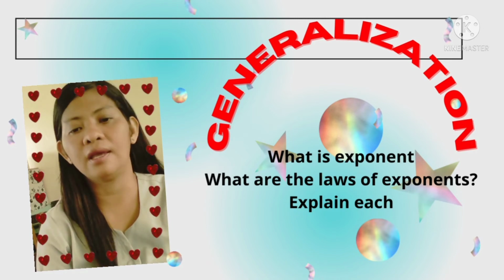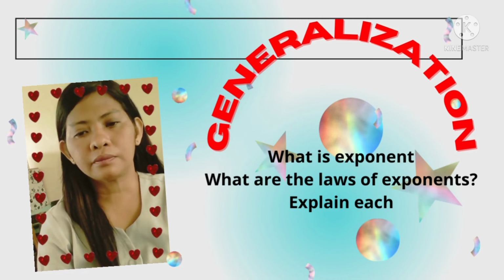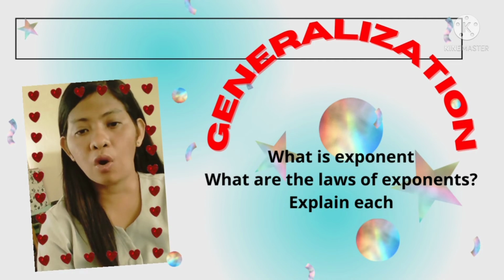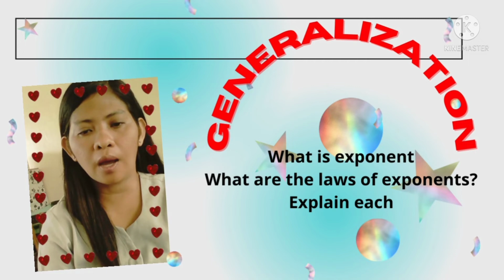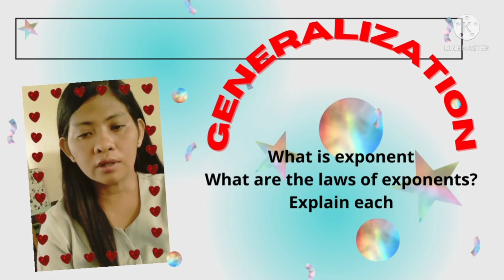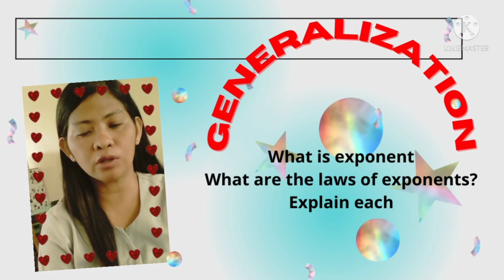Second case, the exponent of the numerator is less than the exponent of the denominator, or the exponent of the denominator is greater than the exponent of the numerator. So your answer will be a fraction.